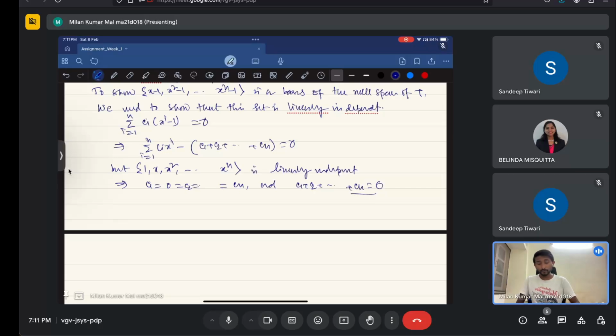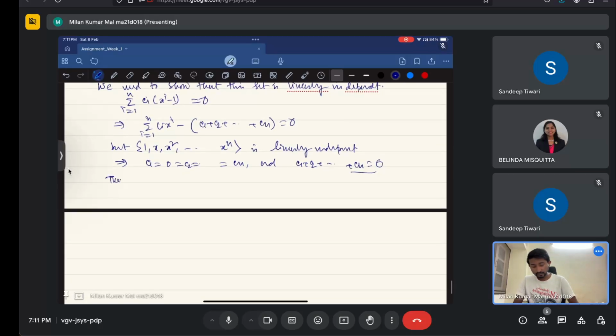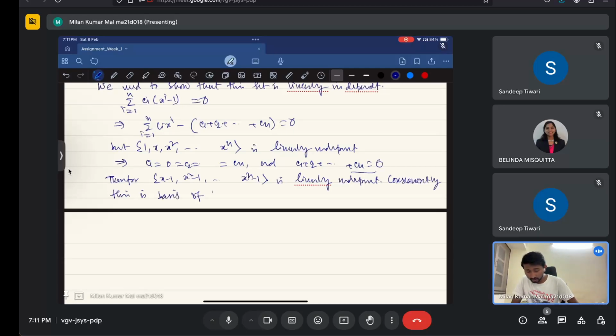So therefore the set x minus 1, x square minus 1, all the way x^n minus 1 is linearly independent, and consequently this is a basis of the null space of T.